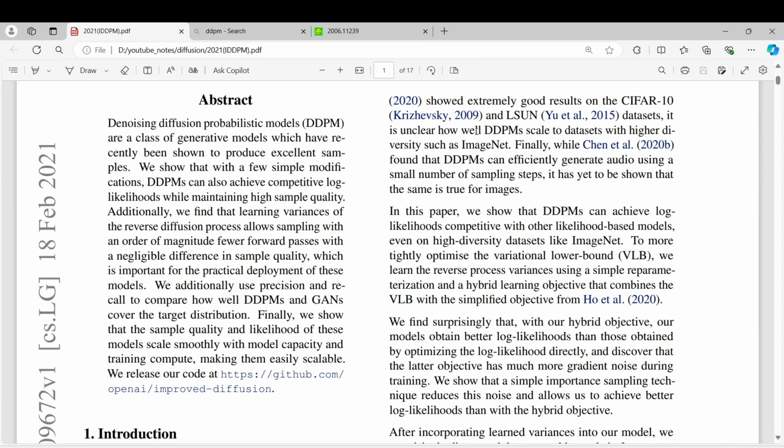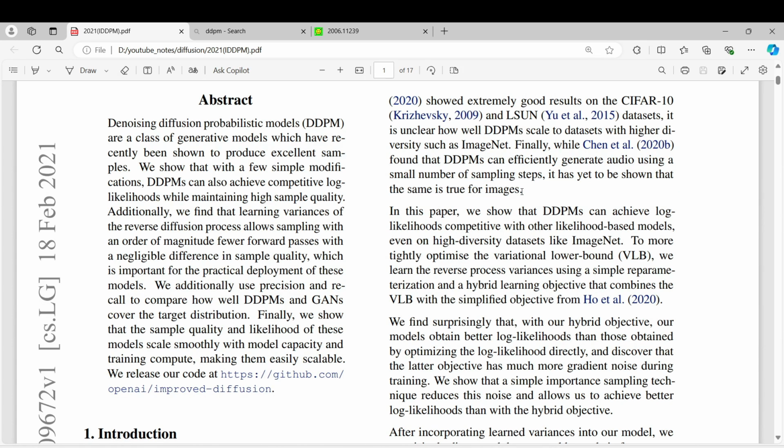It is unclear how well DDPM scales to higher diversity such as ImageNet, which has thousands of classes. And finally, while it was found that DDPM can generate audio using a small number of sampling steps, it has yet to be shown that the same is true for images.